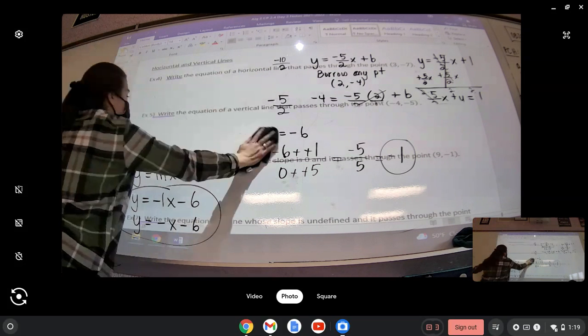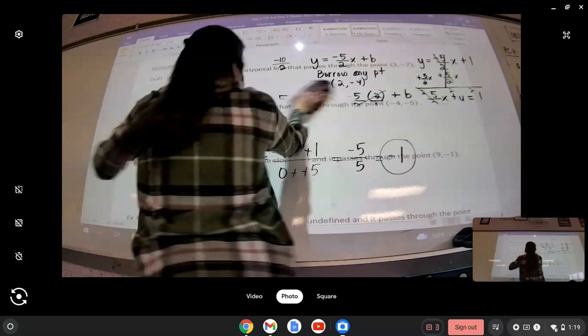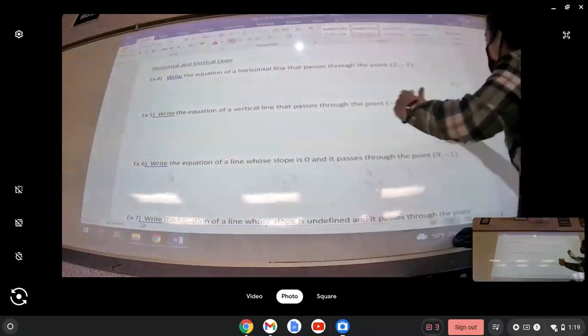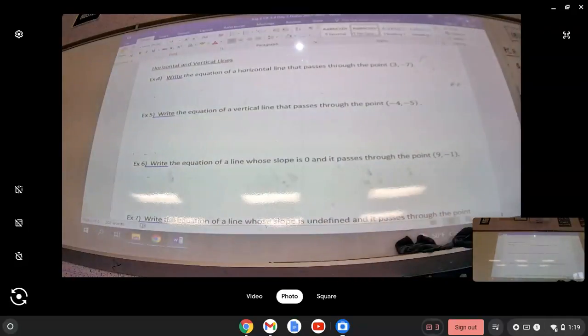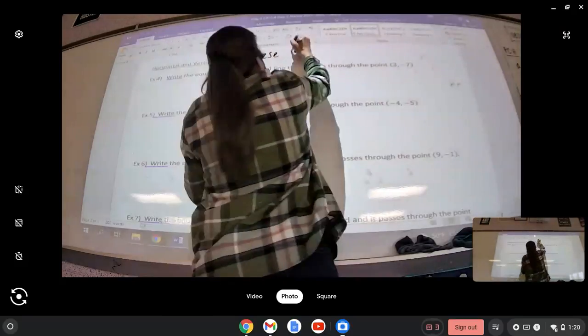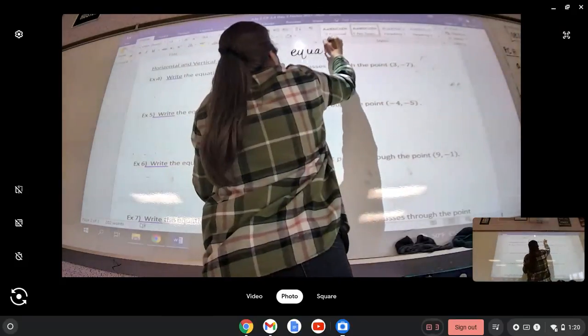If you remember, when we were graphing horizontal and vertical lines, I would always call them the special kind of straight line, and their equations were special too. Their equations only had one variable in them.